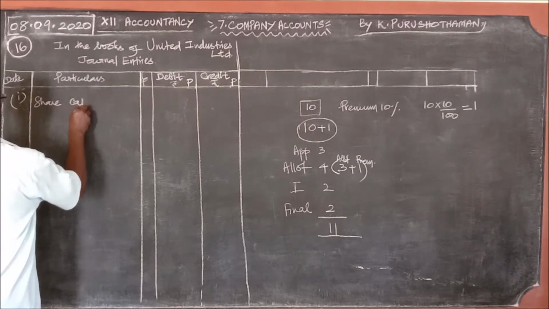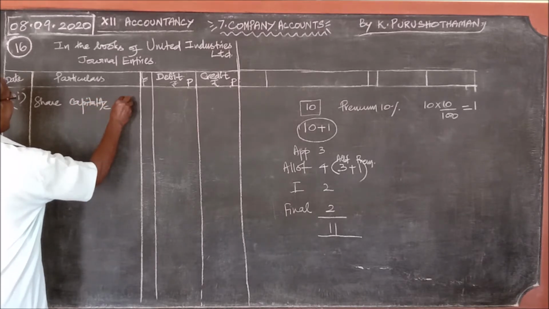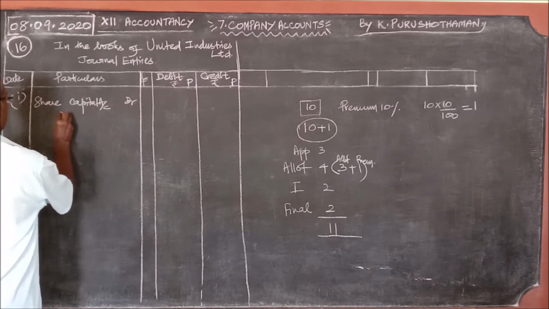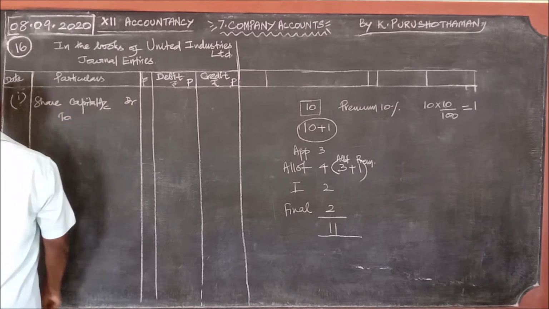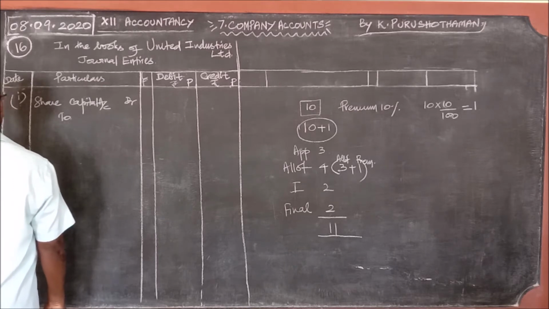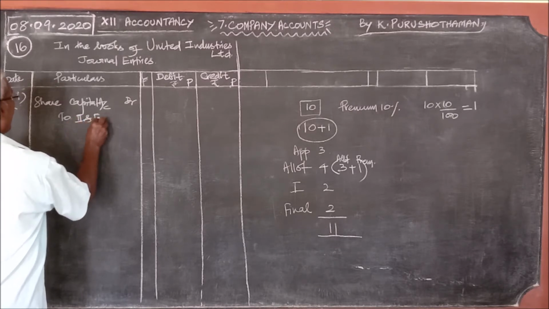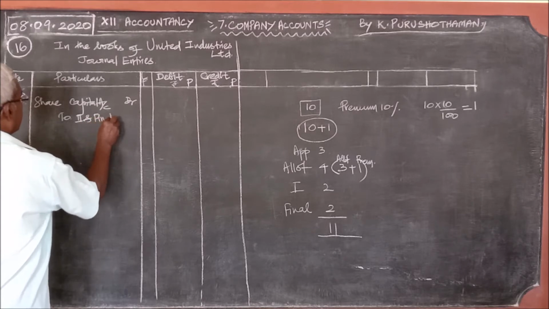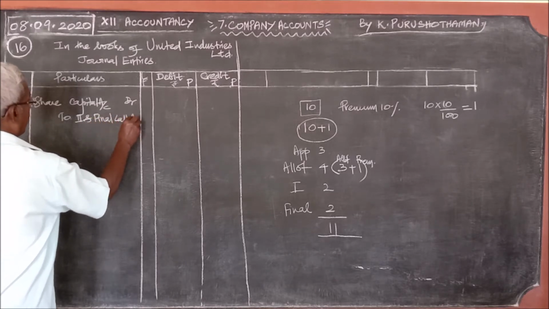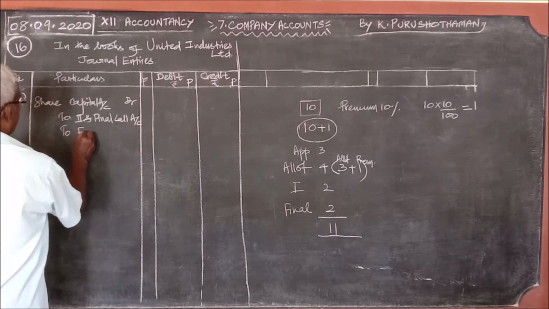Share capital account debit, to second and final call account, since he failed to pay the second and the final call, not the first call. Then to forfeited share account.